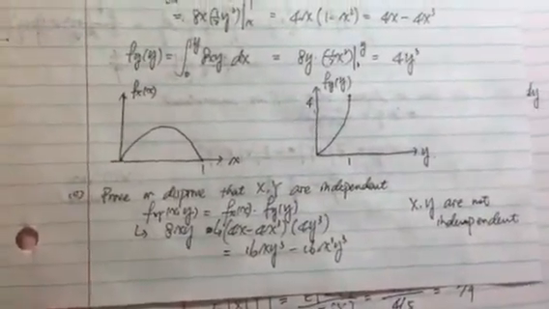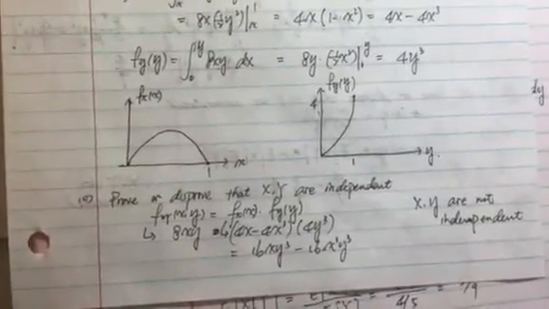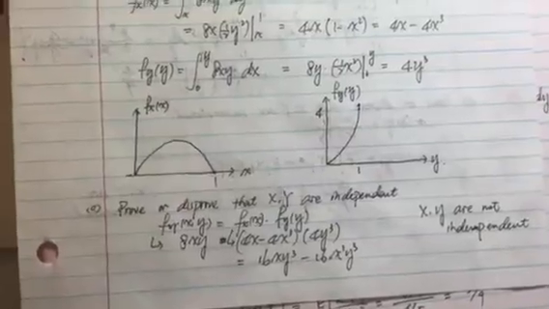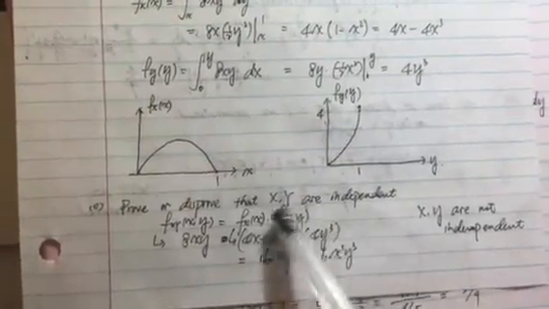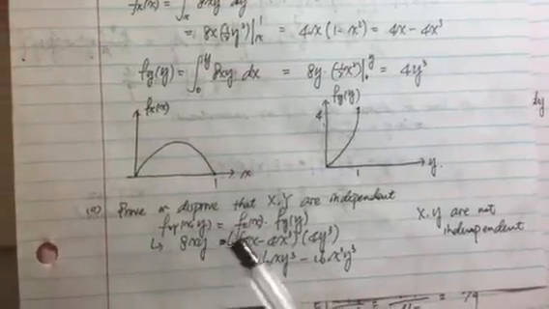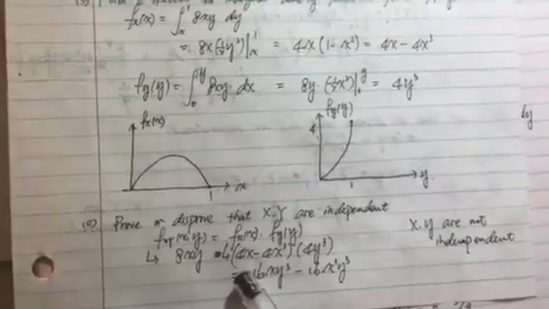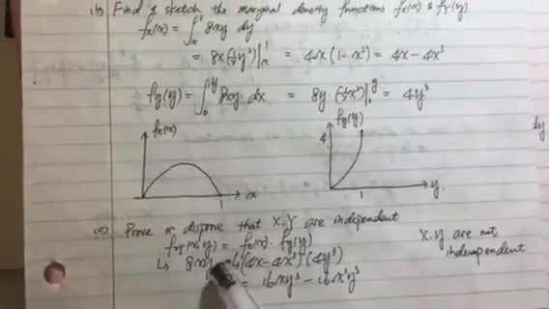Okay, so part C, prove or disprove that X and Y are independent. If X and Y are independent, then f_XY equals f_X(x) times f_Y(y).